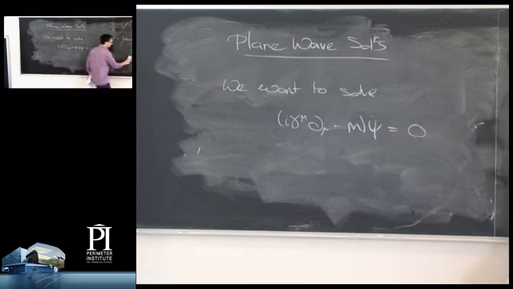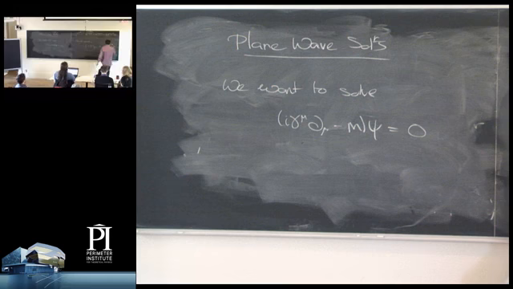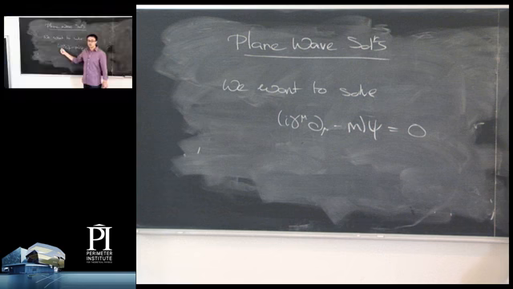Okay, we would just want to solve this equation. Did Malcolm tell you about solutions to this equation? No? Oh, by the way, one thing I didn't tell you, but Malcolm did. This equation sort of mixes up all the different components of psi here, because there's a gamma matrix just here.